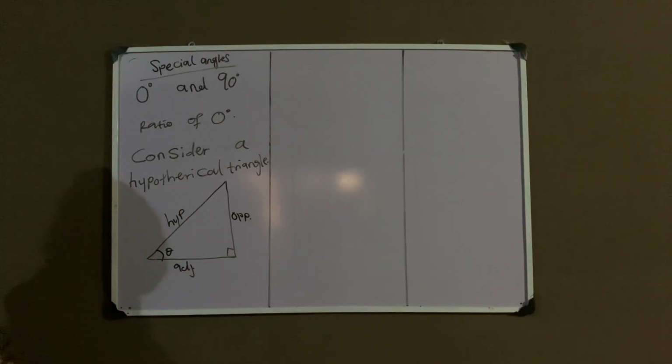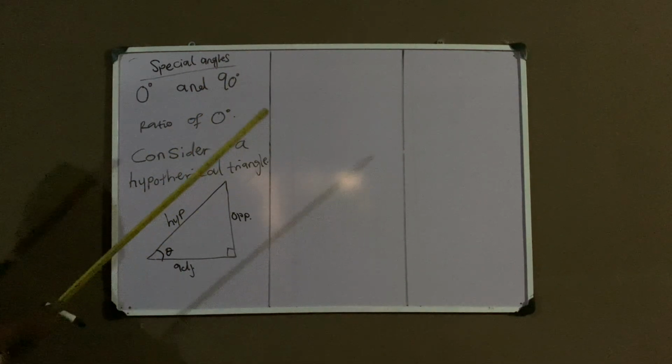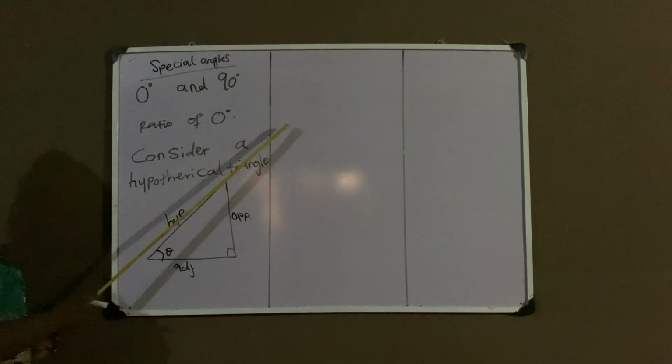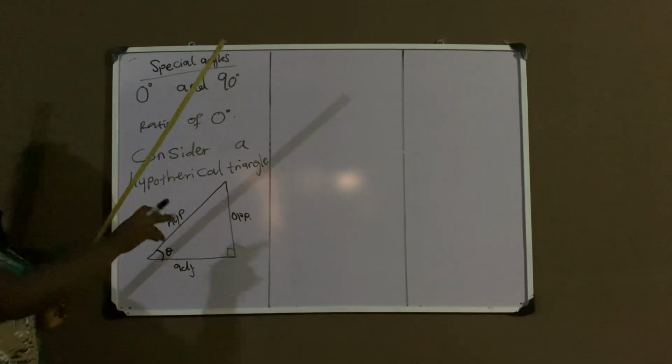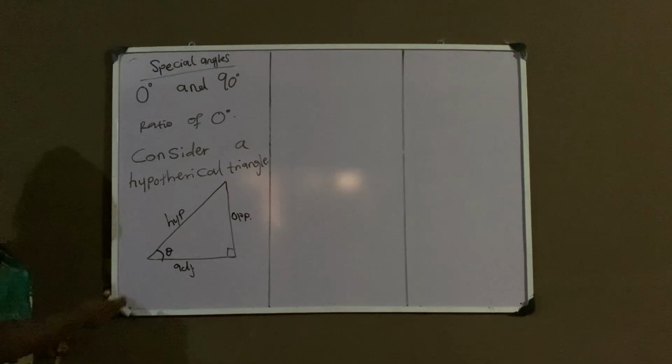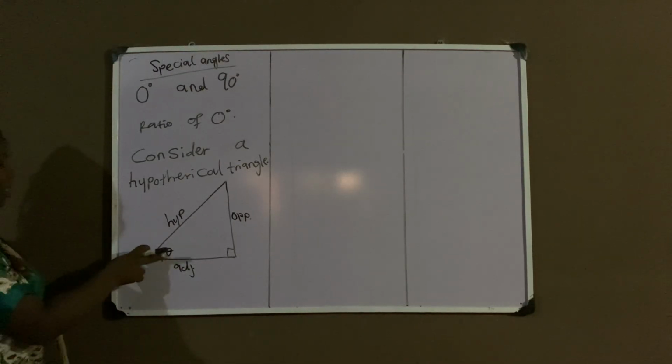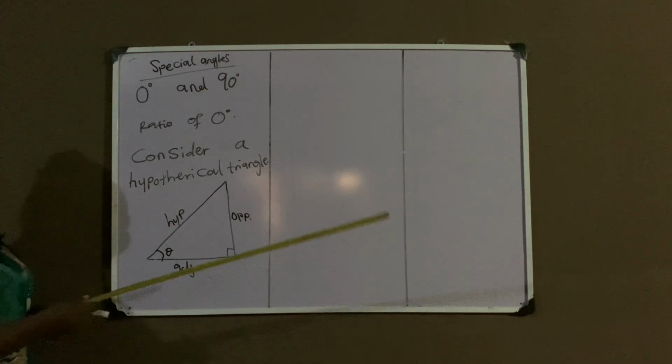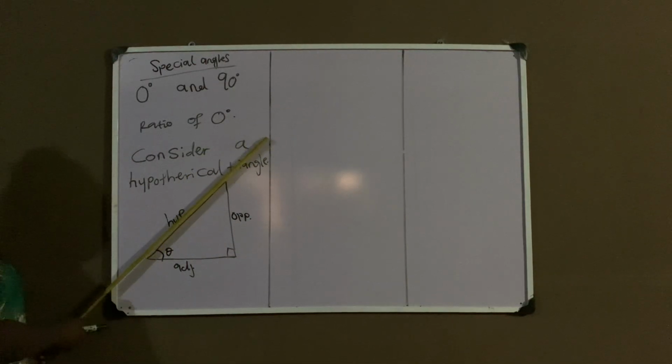And we say that this is a hypothetical triangle. If this is a hypothetical triangle, when theta is approaching 0, of course, if I say that theta is 0 degree, it looks somehow different. But when theta is about to approach 0 degree, now look at what I'm doing with this ruler.